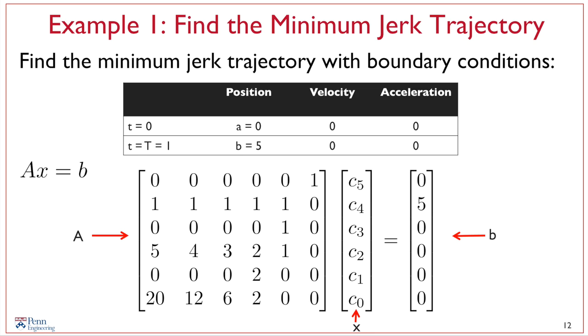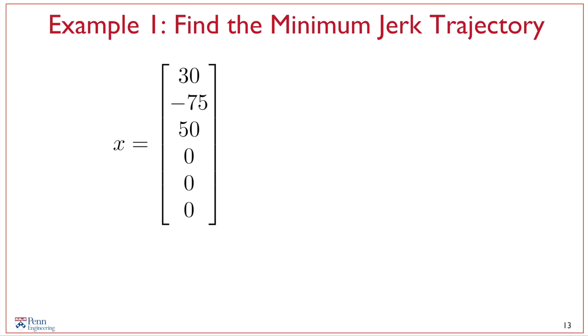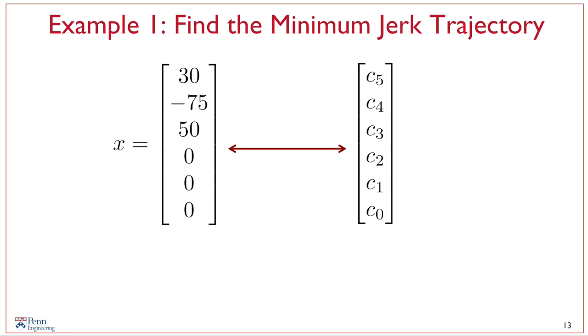We can find X by inverting A and multiplying it by B. This will give us the following matrix for X, which contains the values of the unknown coefficients in the order that we designated. This means that the minimum jerk trajectory for this problem is x of t equals 30 t to the 5th minus 75 t to the 4th plus 50 t cubed.